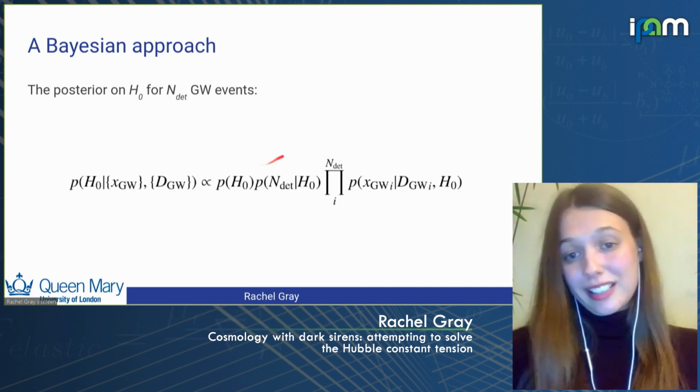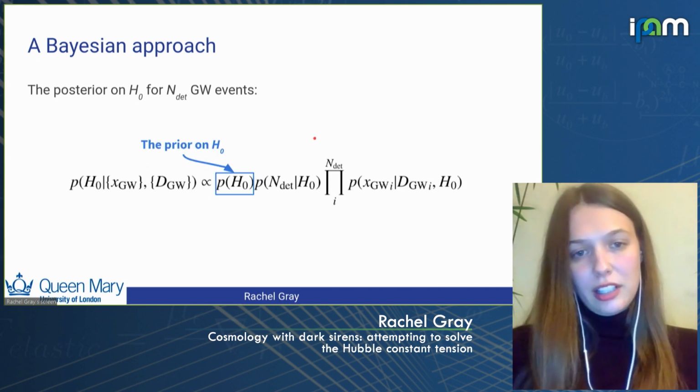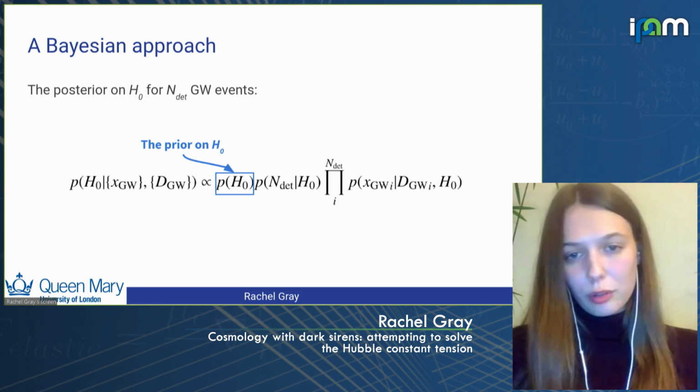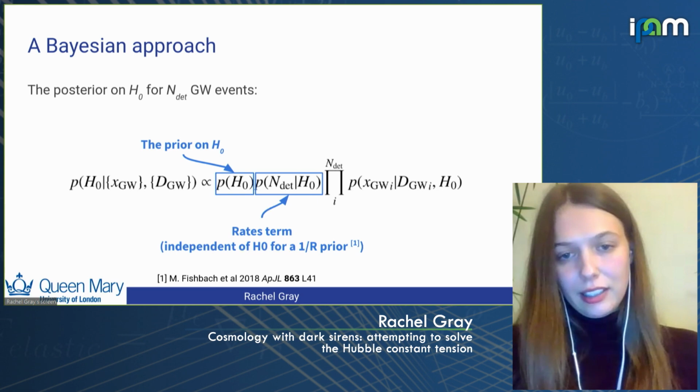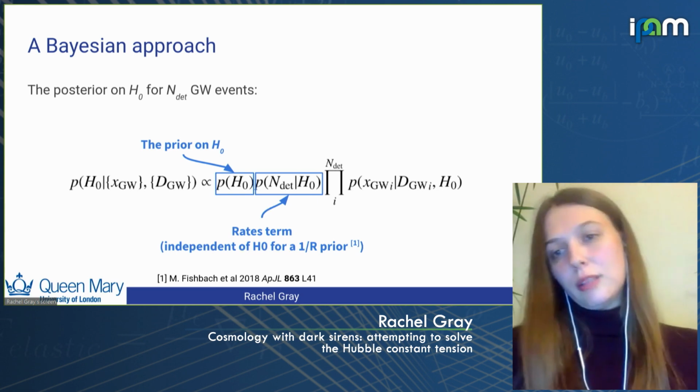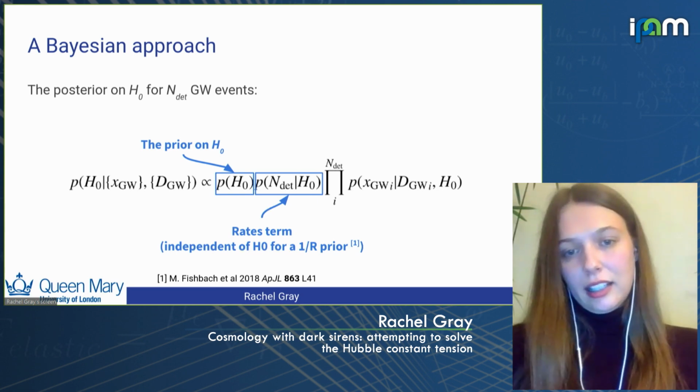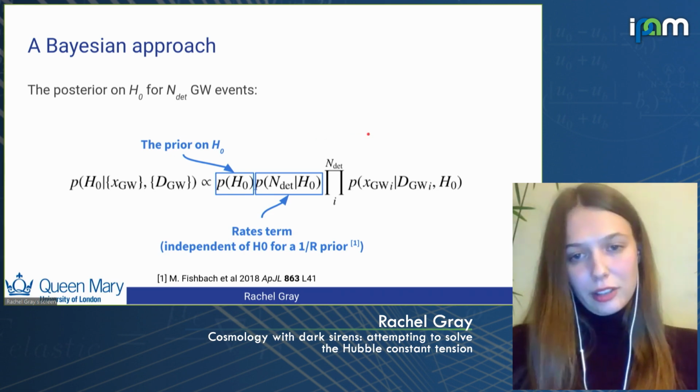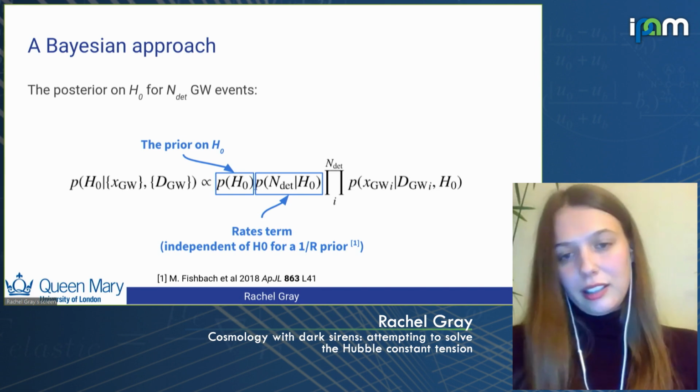The right-hand side breaks down into more or less three parts. There's a prior on H0, which we shall just assume to be uniform and ignore for the time being. There is a rates term, the probability of detecting n gravitational wave events for this value of the Hubble constant, which does depend on the Hubble constant, but if you take a prior of 1 over R on that, the Hubble constant dependence drops out.